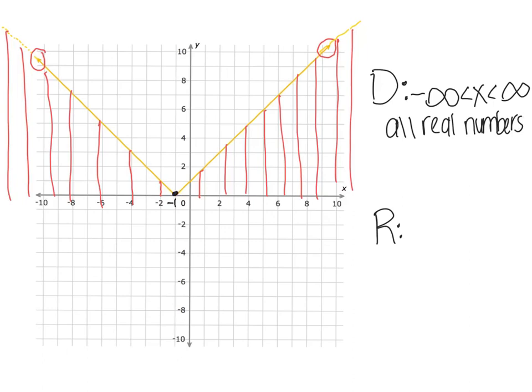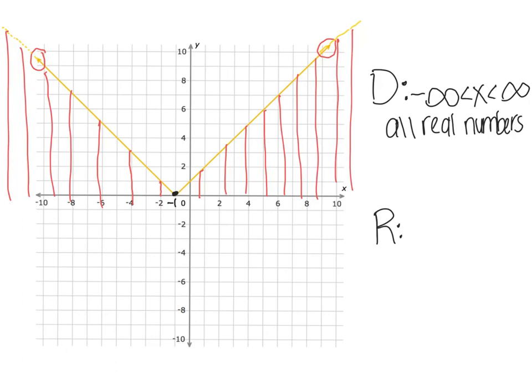But the thing is, we're not talking about x here. We're doing the range. The range is y. So -1 has nothing to do with this. It just happens to be where the lowest point is. I want to know what is the y value at the lowest point, because range is y.